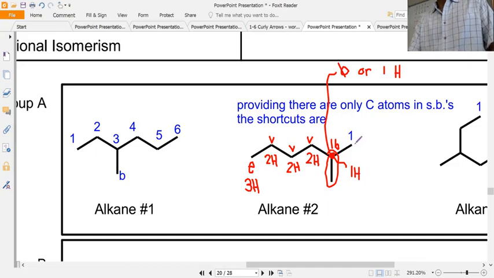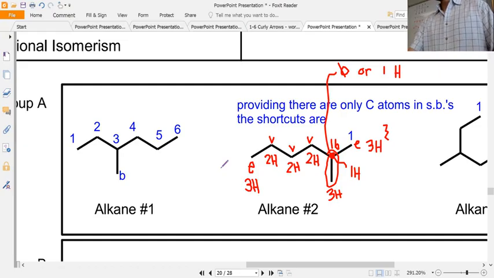Where a line ends, there's nothing after it, it's just empty space, 3 hydrogens. The end, nothing beyond this, 3 hydrogens. Endpoint, beginning and end, 3 hydrogens. Vertex with no branch, 2 hydrogens. If you have a branch, it could be 1 hydrogen or 0 hydrogens.